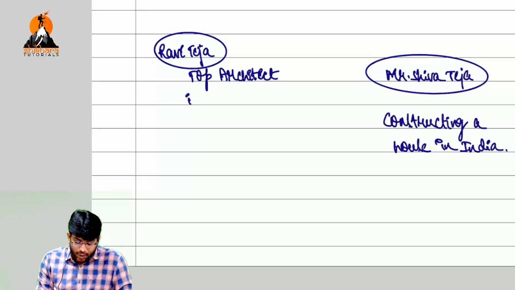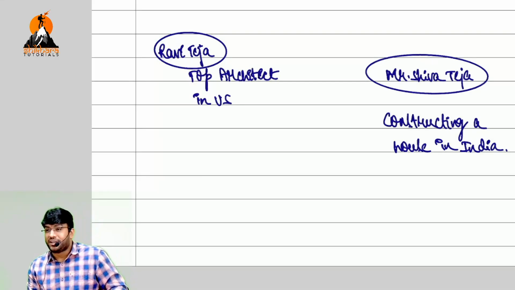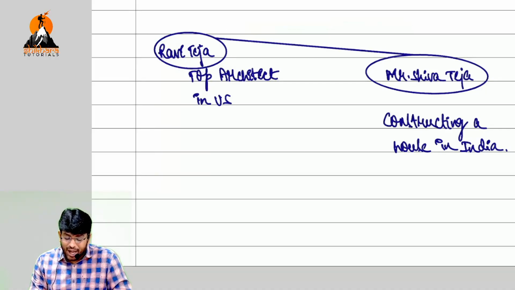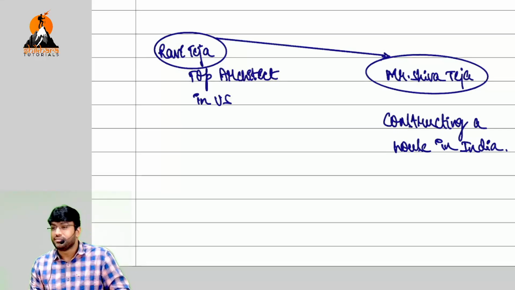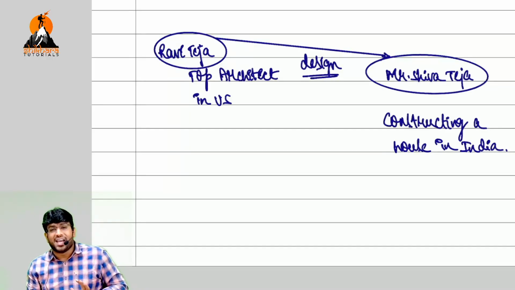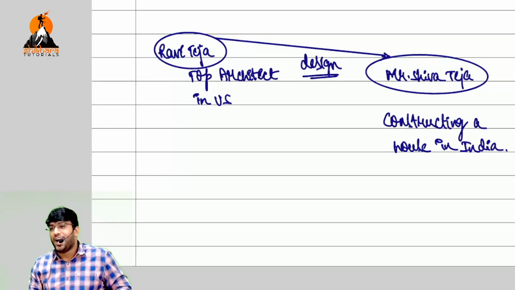He is in US and he is my brother, example. Okay, he is a top architect in US. I called my brother one day and I told him, I want you to give excellent design for my house. Excellent design for the house. And overnight, he prepared some wonderful design and he gave it to me. I asked him, how much should I pay?